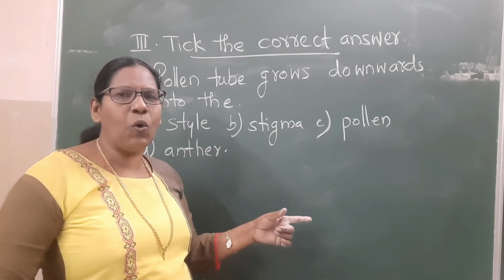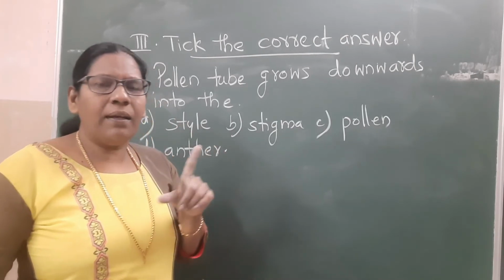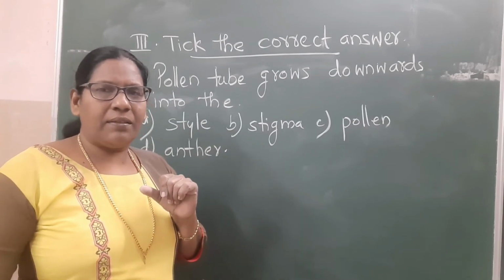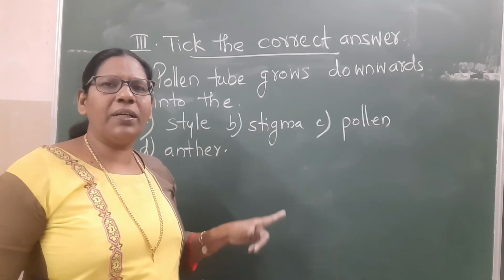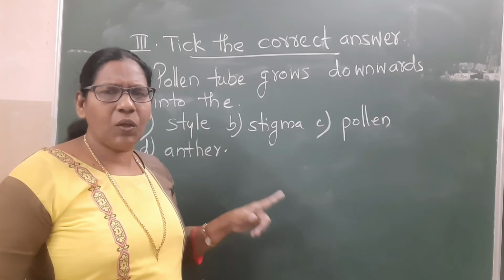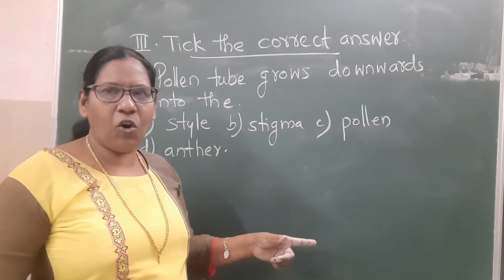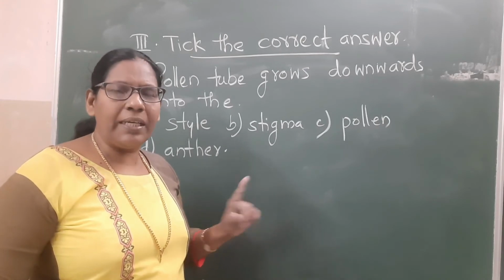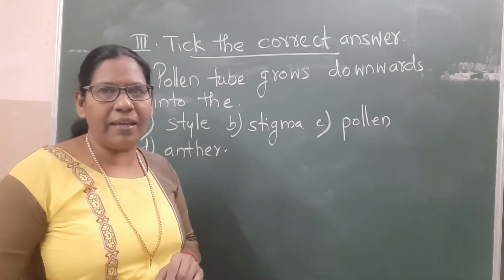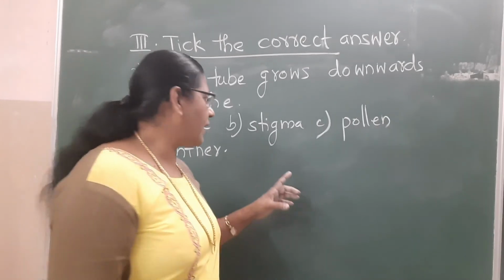The male gamete comes through the pollen tube to the ovary, and inside the ovule the female gamete is there, and it fuses there. That is what we studied, right?